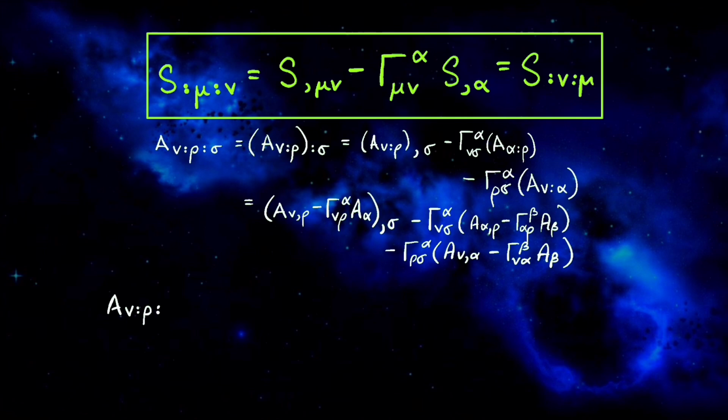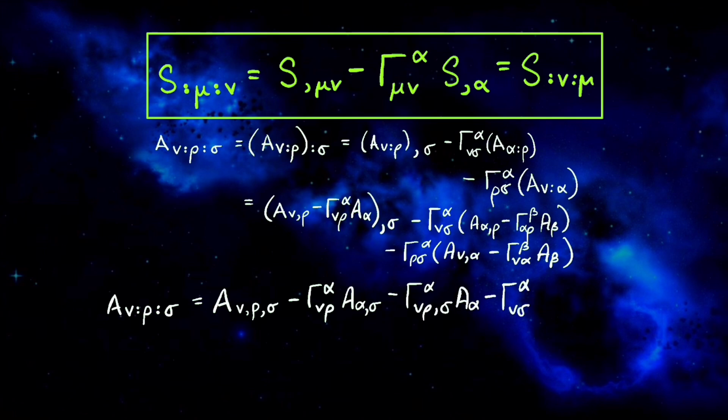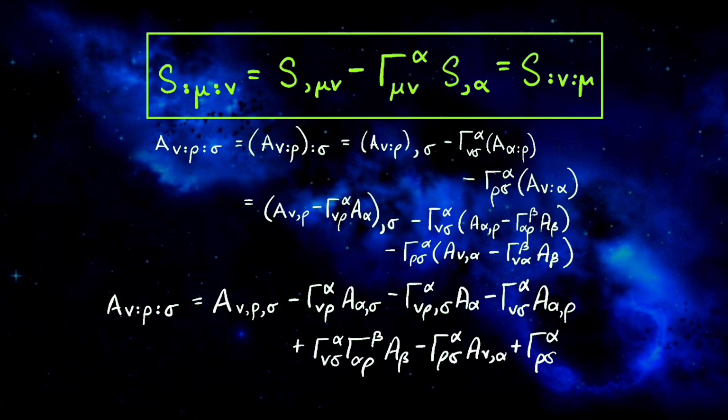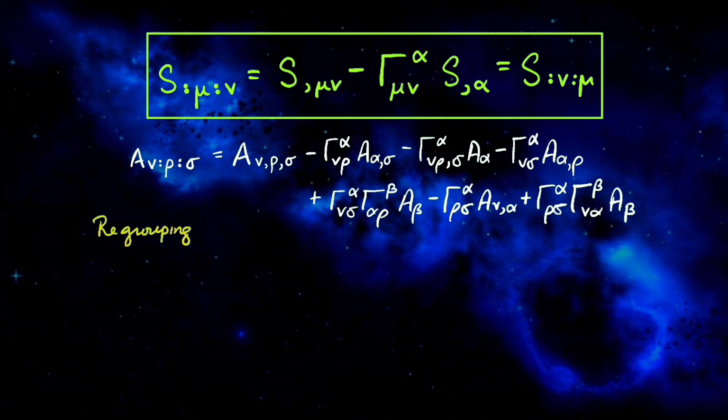And what to do with this expression? Well, if we write it out this way, expanding everything, we have all these different terms involving different partial derivatives and Christoffel symbols.